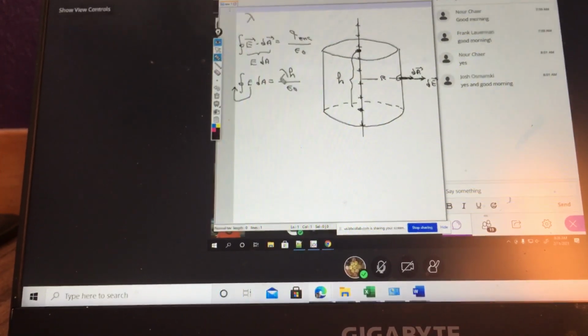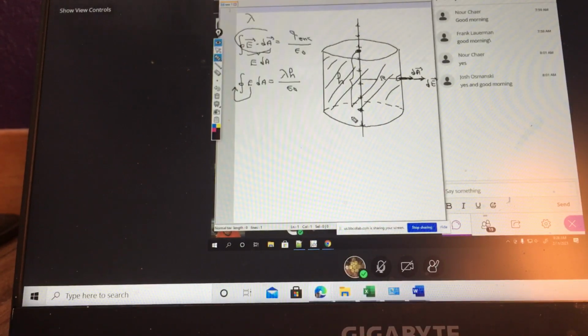And by the way, that integral should only be evaluated on the side wall of the cylinder, not on the upper face and lower face. Why?